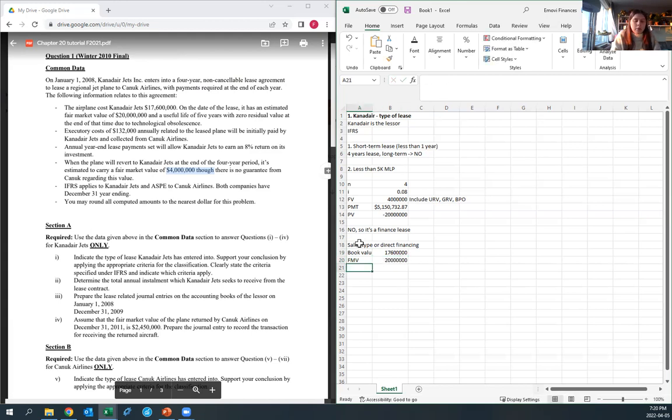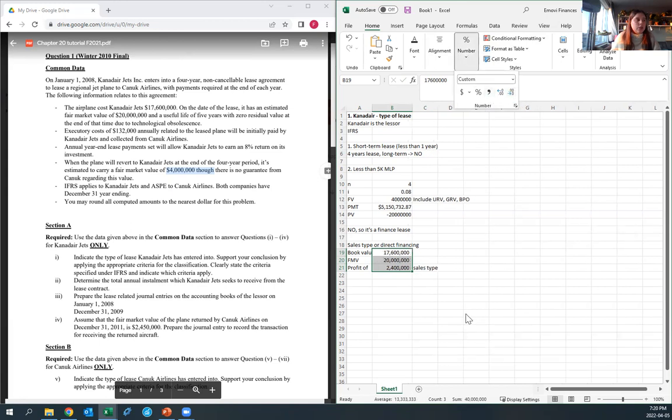So you have a profit of 2.4. So it's a sales type. It's going to be deemed as a sale when you do your journal entry, and you're going to have to remove the asset from your inventory. All right, so we did one. It's the finance lease and sales type.